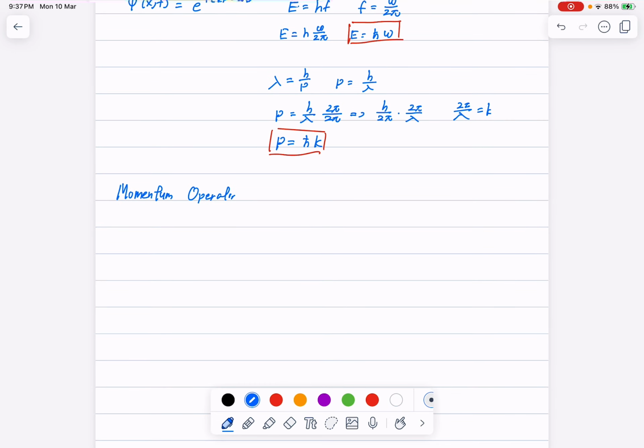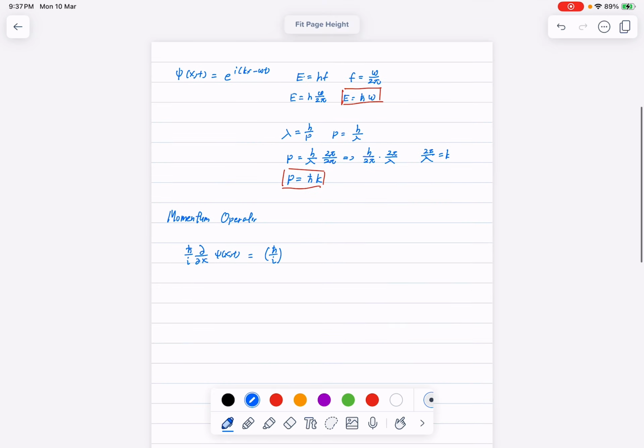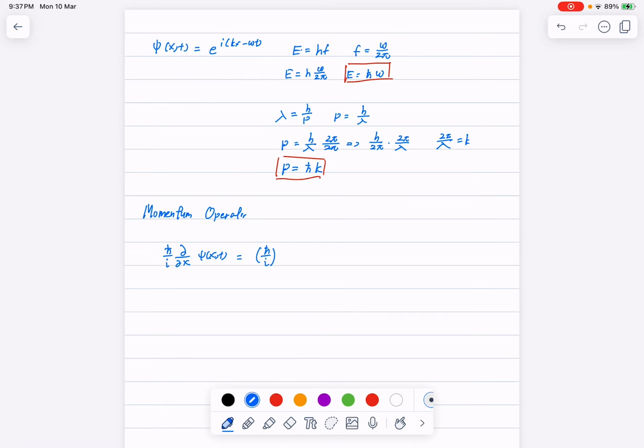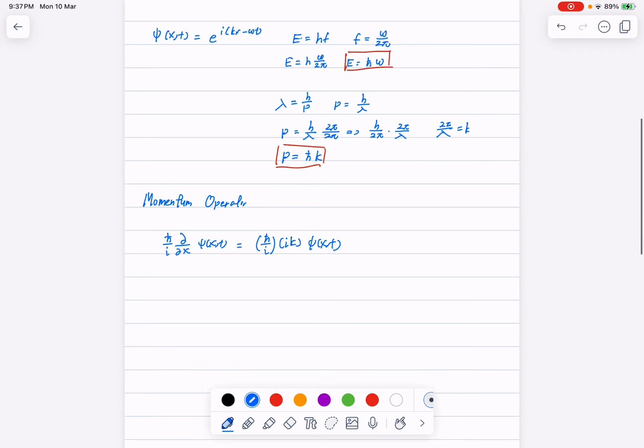First, h bar over i, and I'm taking the partial derivative with respect to x of psi of x and t. This equals h bar over i, and we're taking the partial derivative of this. So, what will this get us? This will get us ik psi of x and t.